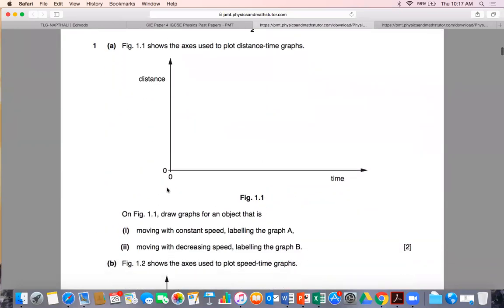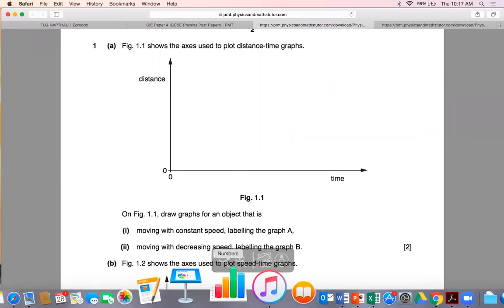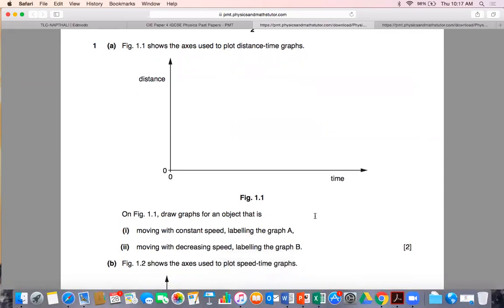Okay, I have figure 1, distance over time graph. Okay, distance time graph, what will the gradient be for a distance time graph? Are you all there? Yes, teacher.